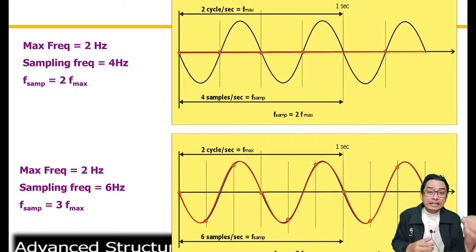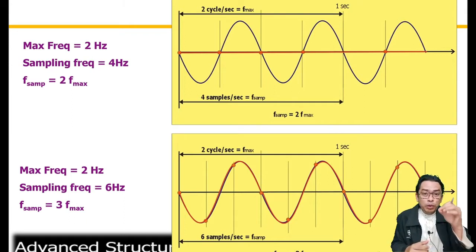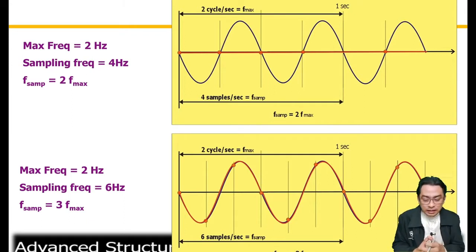But if we increase a little bit, maybe 0.5 or 0.1 above, let's say we give 6 Hz sampling frequency, then we can create a signal that looks like the original signal.